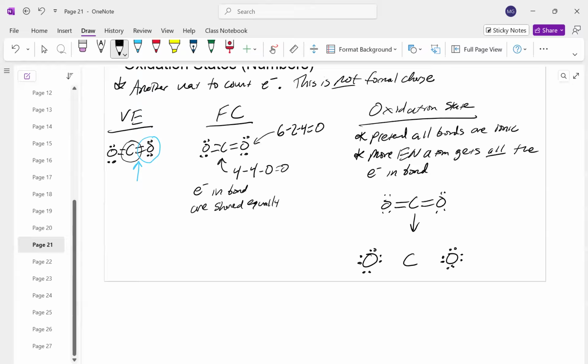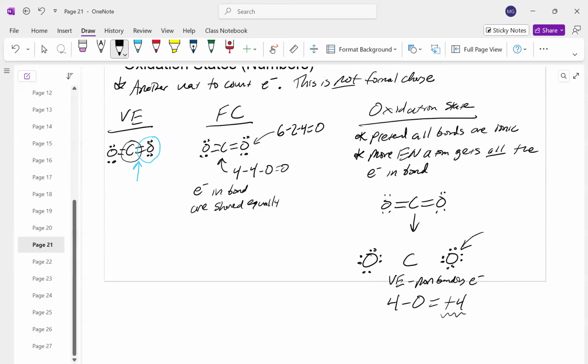So the way that we calculate its oxidation state is we take the number of valence electrons from the periodic table minus the number of non-bonding electrons. So for carbon, that's 4 minus 0. Its oxidation state would be +4.